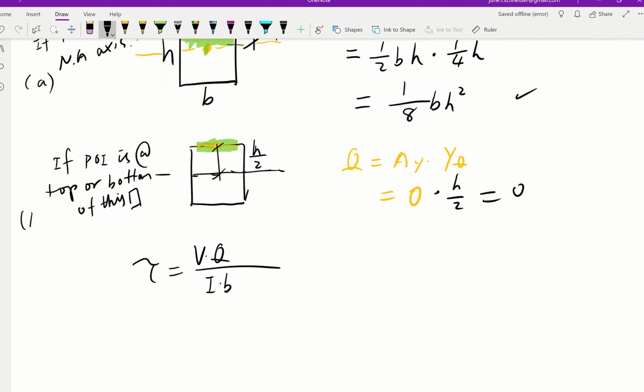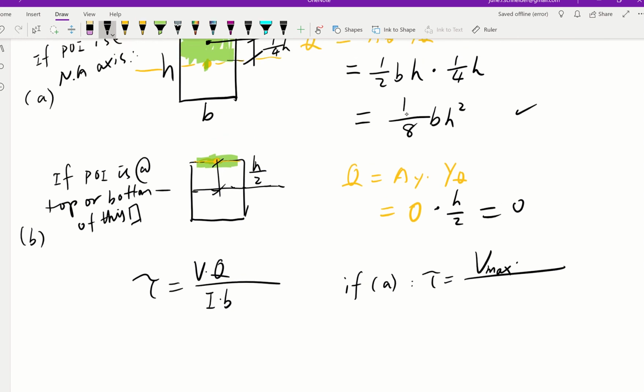I'm going to label A and B. If it is A, my tau is going to be equal to V, and here I'm going to use maximum V from the shear bending diagram. And my Q for that situation is this value, half BH squared. Because at that point of interest, you already figured out the Q is half BH squared. And then divided by I.